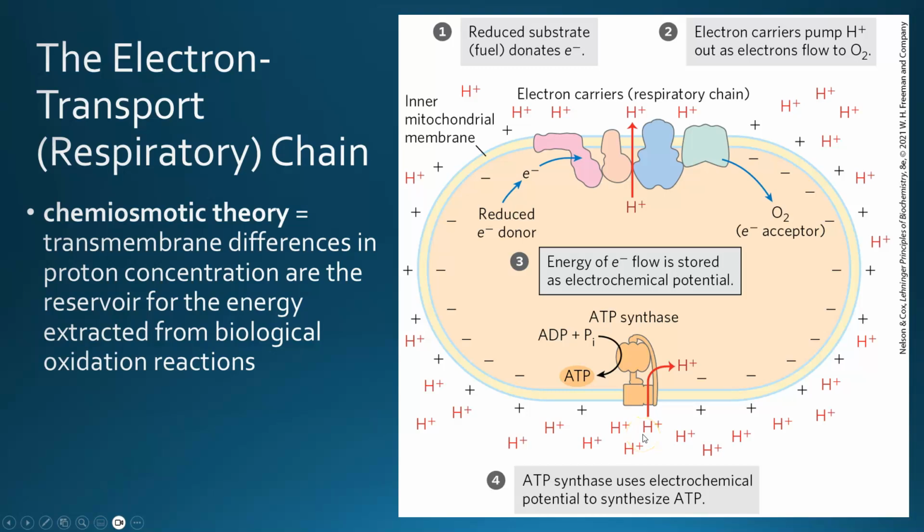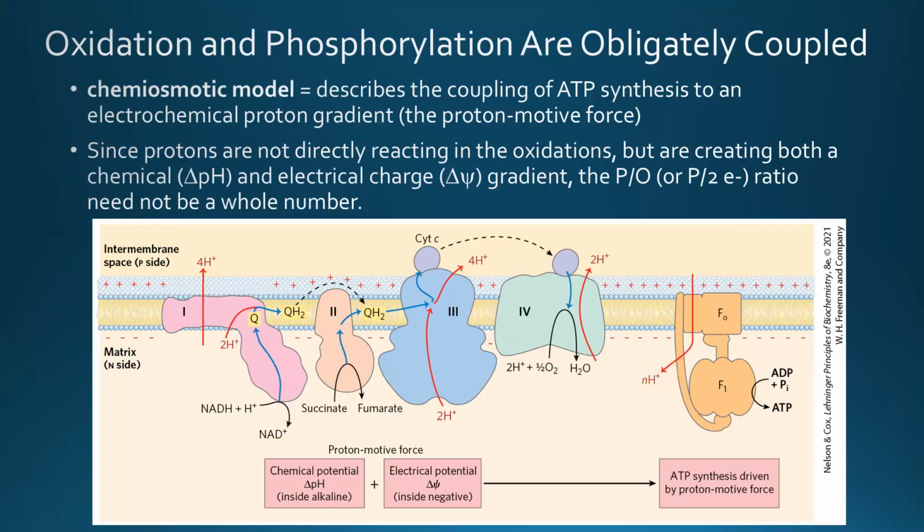That source of energy, as those protons are energetically favored to go back into the matrix, is harnessed to do a phosphorylation of an ADP with an inorganic phosphate. Therefore, this is called oxidative phosphorylation because of the oxidative reactions that are coupled with the phosphorylation from this proton gradient. The oxidation and the phosphorylation are coupled.